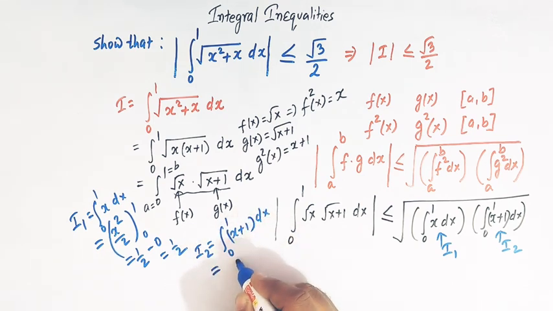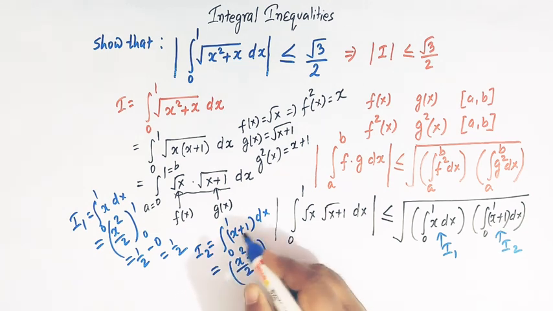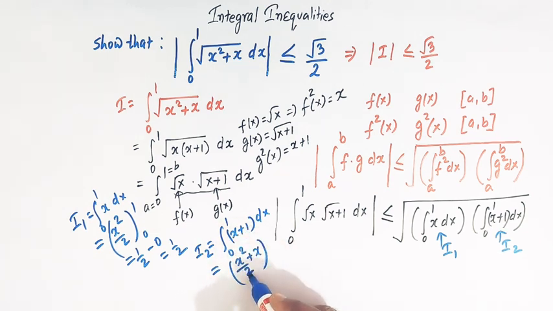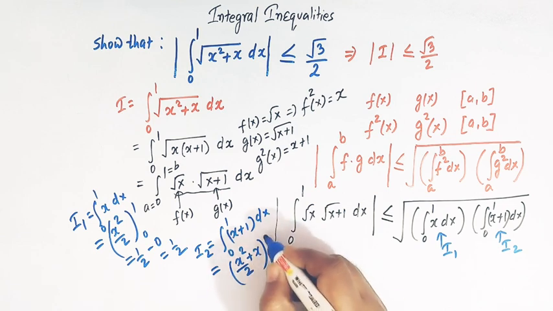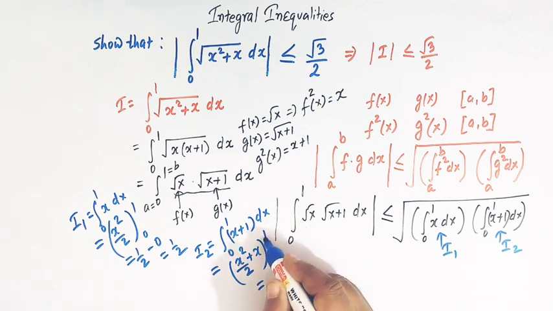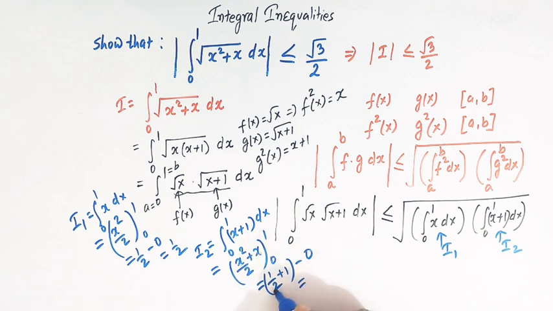The integral of x plus 1 is x square over 2 plus x, with limits from 0 to 1. When we substitute the limits and take the difference, we have half plus 1 minus 0 plus 0, that is 0, right? So this is 3 over 2, right?